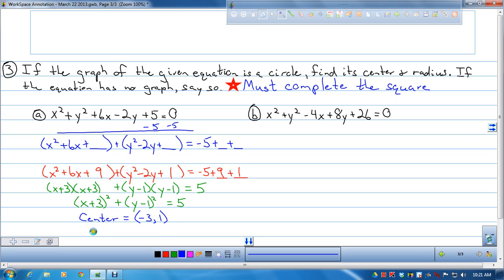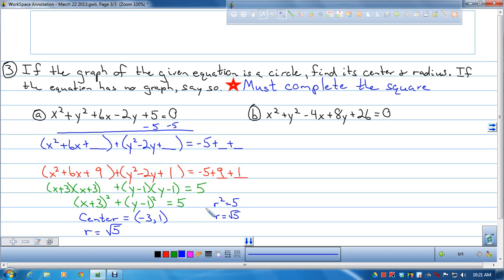And the radius is this. Remember, r squared would equal 5, right? So I'd take the square root of both sides, so r equals root 5. It can't be plus or minus 5 because r is a distance, right? Radius is a distance.